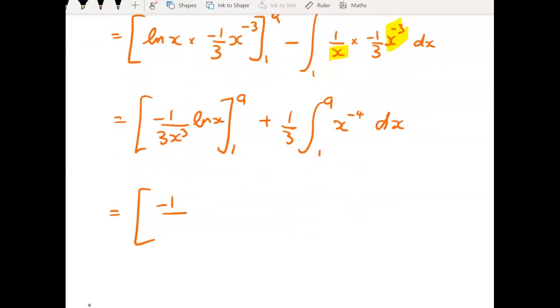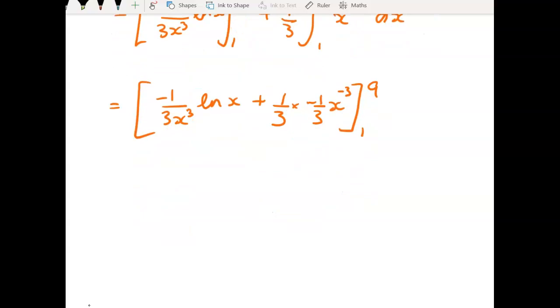So when I put that together in one big integration, we get that. Now we have plus 1/3 times -1/3 x to the -3, evaluated at a and 1. Now I could do bits of simplifying here, but I think I might as well just get on with working out what the integral is.